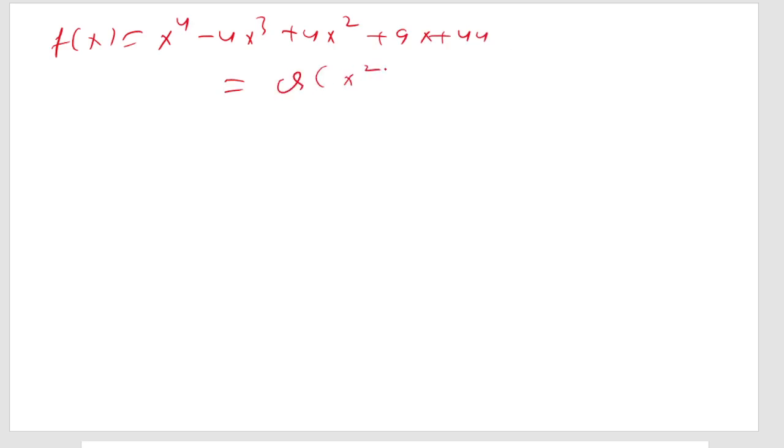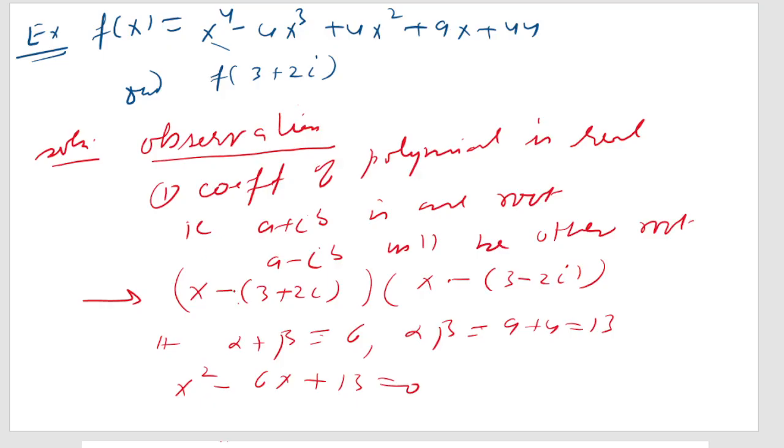It means that any function f(x), x to the power 4 minus 4x cube plus 4x square plus 9x plus 44, is nothing but some quotient times x square minus 6x plus 13, so this particular polynomial can be written in terms of x square minus 6x plus 13.